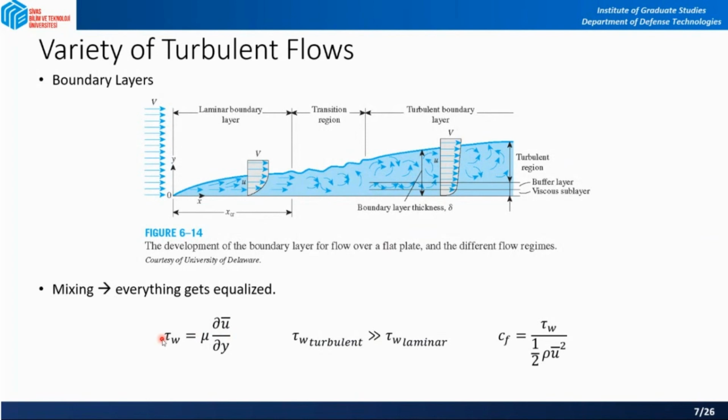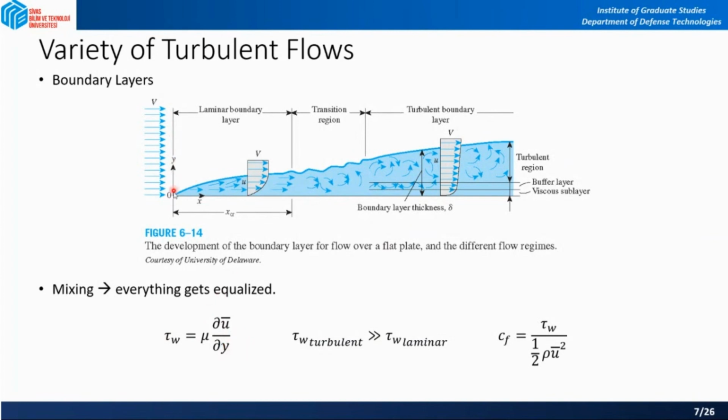You have the shear stresses generated near the walls. We know that very fundamentally your tau wall, you may remember it from fluid classes, is related to the velocity gradient near the wall.